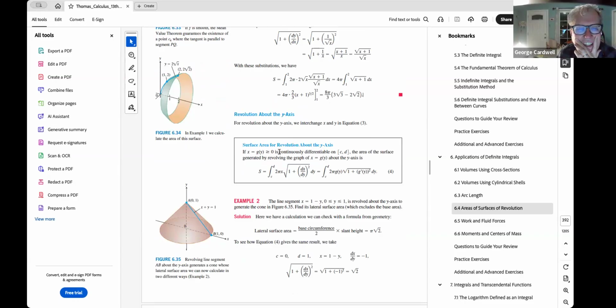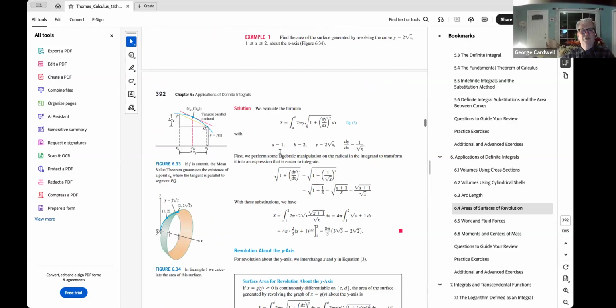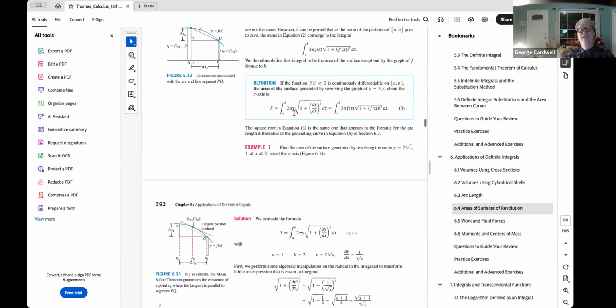So this term right here, continuously differentiable, just means a function is continuous and differentiable. Then the area of the surface generated by revolving the graph of x equals g of y around the y-axis is S equals the integral from c to d of 2 pi x square root of 1 plus (dx/dy) squared dy, or the integral from c to d of 2 pi g of y square root of 1 plus g prime of y squared. So same formula, right? It's just that this is the formula if x is a function of y, and the one up here is the formula if y is a function of x.